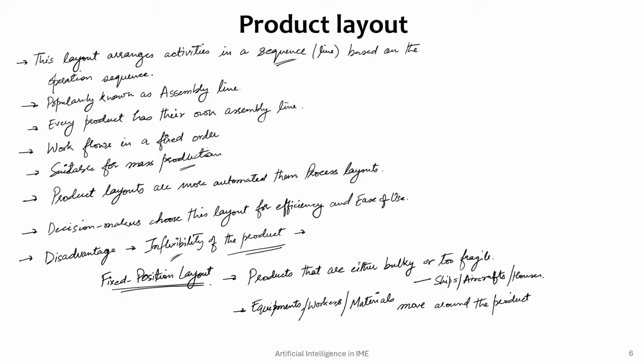So, while developing a ship or an aircraft, you don't usually provide an assembly line or a process layout. Wherever we are developing these kinds of machines, the equipments or the workers or the materials move around them to develop them completely at a fixed position, right. So, this is the third kind of basic layouts that are available.